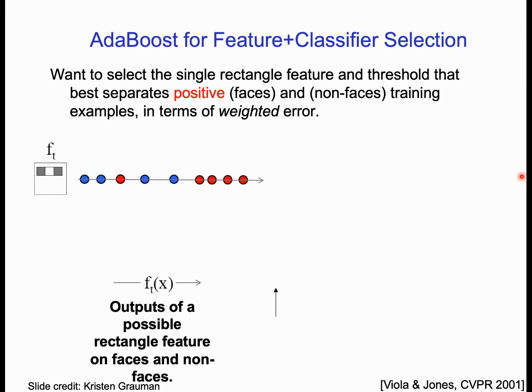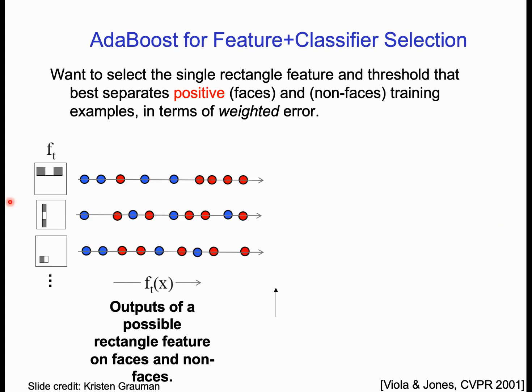For example, if I look at this feature here, this feature will have a certain response from all the samples. And actually, this will have a one-dimensional scalar response. So in a sense, I can put the outputs of all the samples of this feature on a single line. What I want is a threshold here that will separate the red and the blue samples as well as possible.